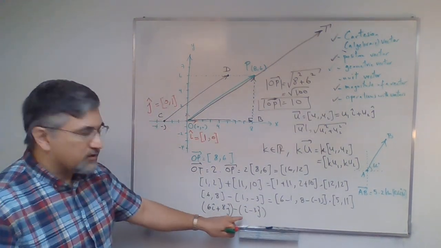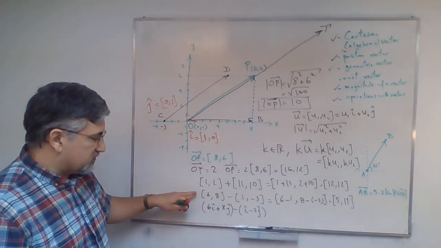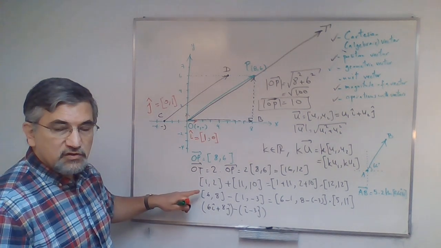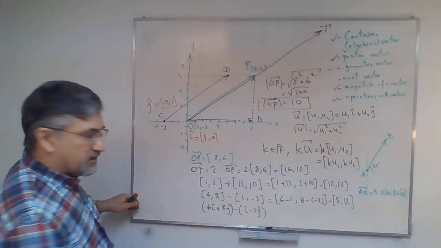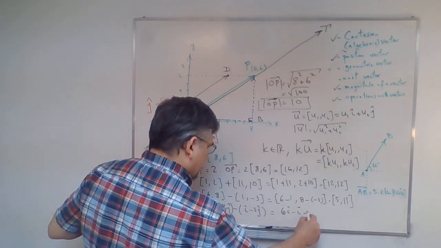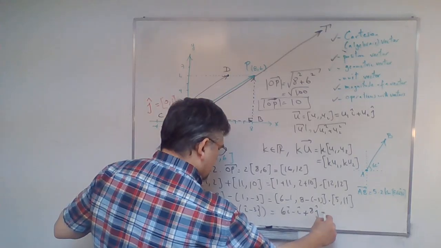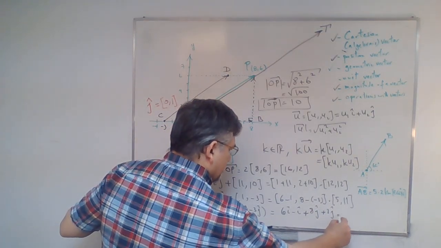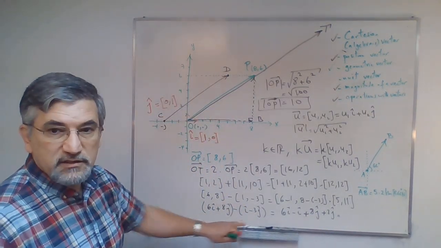So I'm writing the Cartesian vectors in terms of unit vectors I and j, and then I'm subtracting them. So I get 6 I hat minus I hat plus 8 j hat plus 3 j hat, because minus is plus.